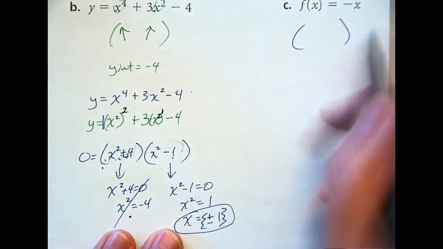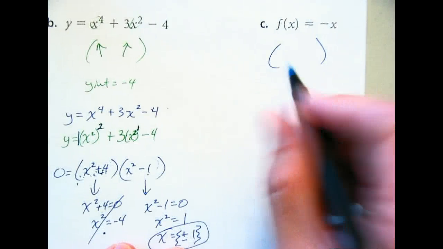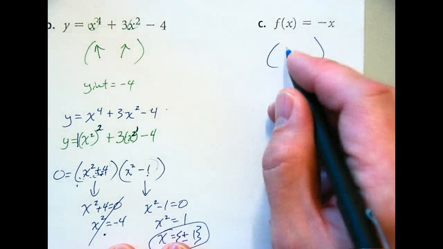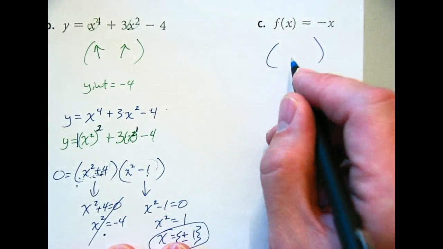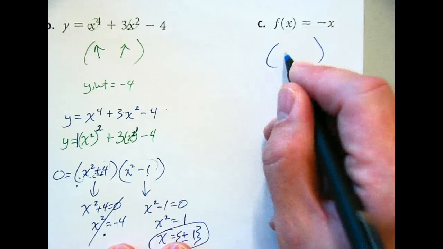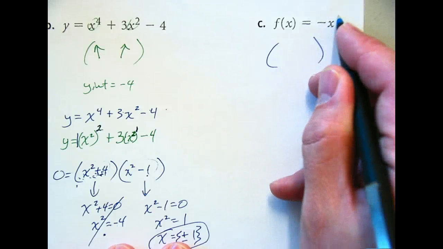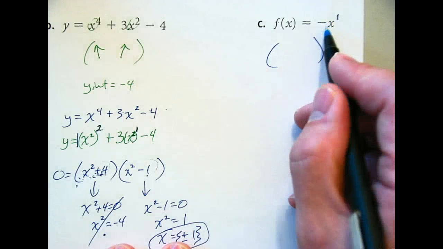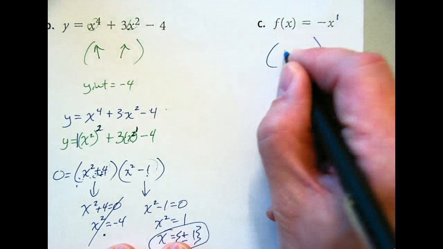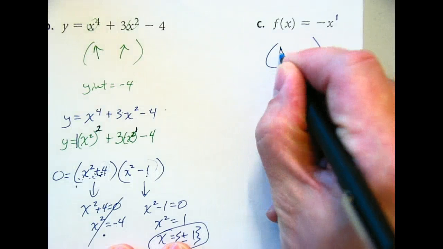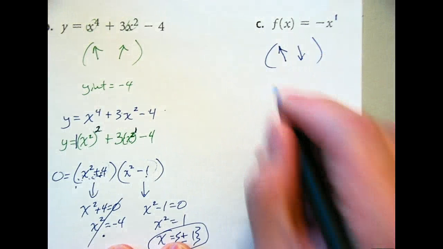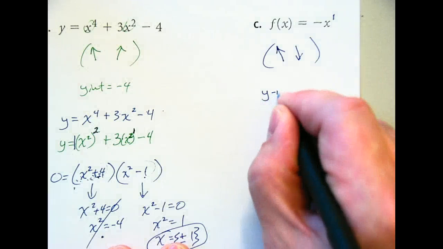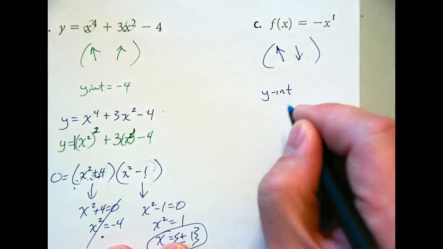What do we have here? Up, up, or down, up? Or up, down? Or both. It's an odd power. They go in opposite directions, but it's negative a now. So that means it's going to flip them. Yeah, it's going to be up, down. So if they're negative, they just flip over.